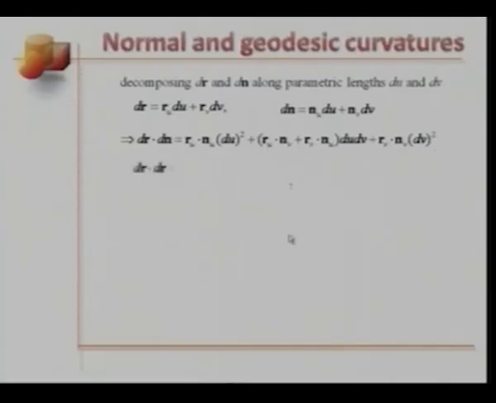Likewise, the denominator of the previous result, dr dotted with dr, is equal to ru dotted with ru times du squared plus ru dotted with rv plus rv dotted with ru times du dv plus rv dotted with rv times dv squared.